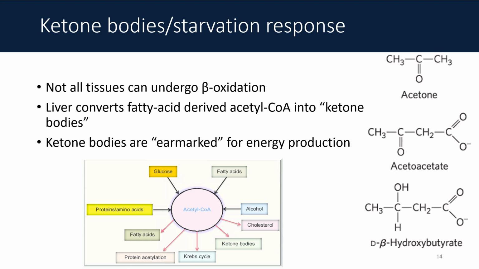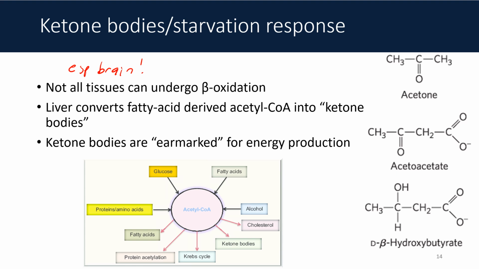The brain in particular prefers glucose because glucose is quick to get, quick to burn, and neurons need energy now. Beta oxidation may be very ATP efficient, but it's slow. And slow does not cut it when you're trying to keep your brain alive.